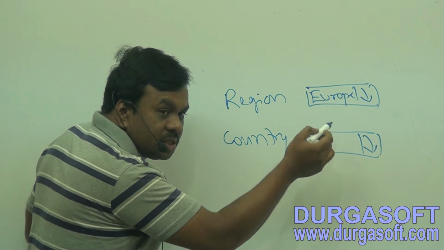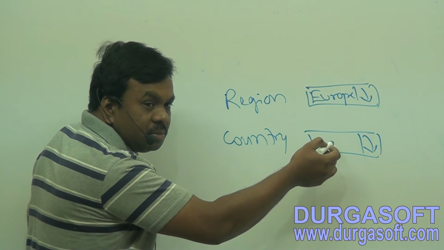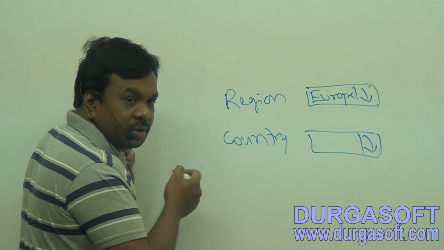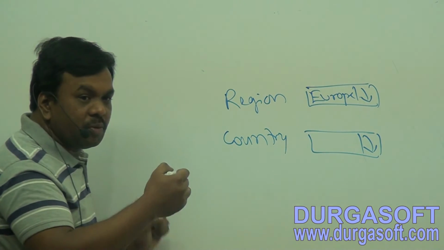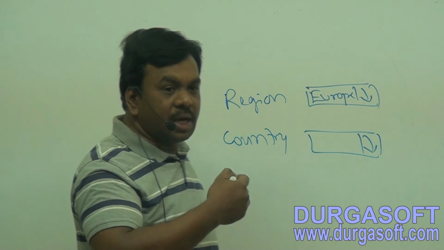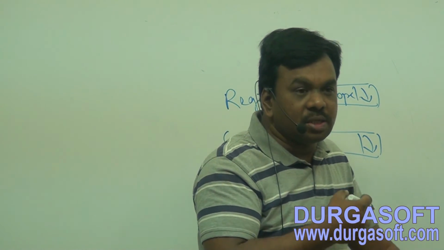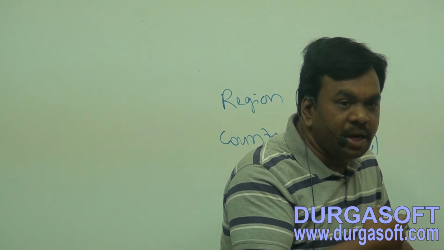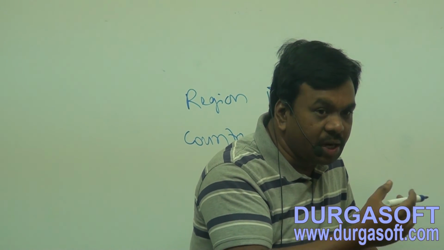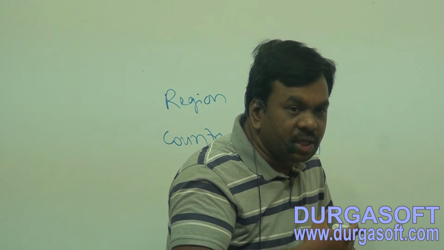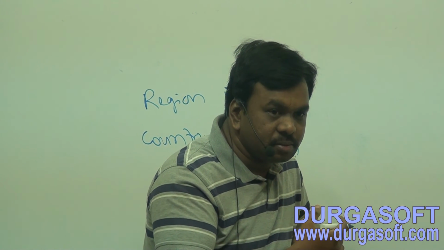What is this called? The values populated into the second LOV depend on the values selected in the first LOV. So this is called dependent LOV. I select one country, I want to populate the list of states belonging to the country.